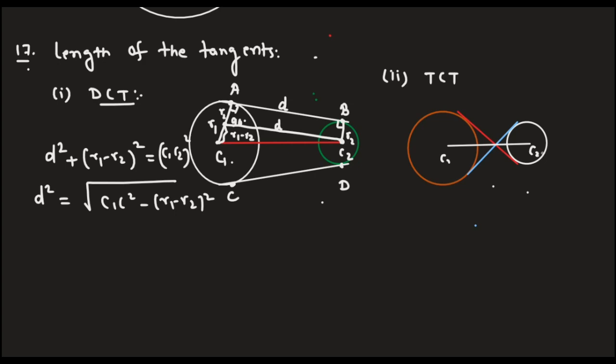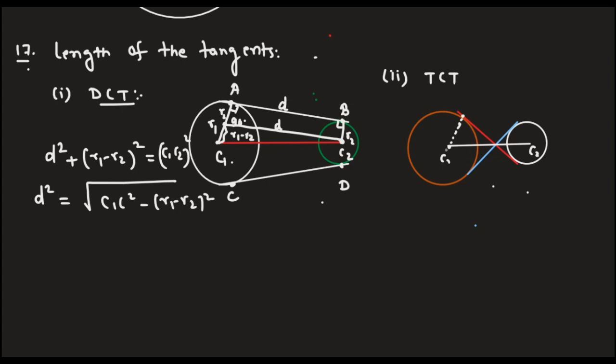We are going to calculate the length of the transverse common tangents. For this purpose we have to make one rectangle. So this and this value we joined, this and this value we are going to join, and here we join this and this one, so that we get one rectangle.